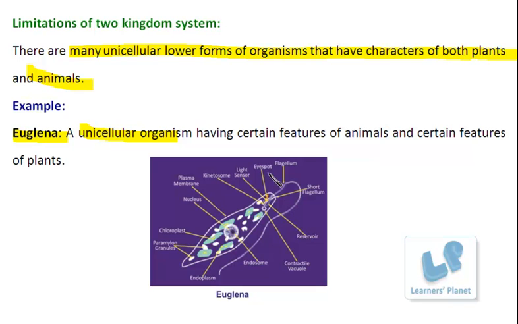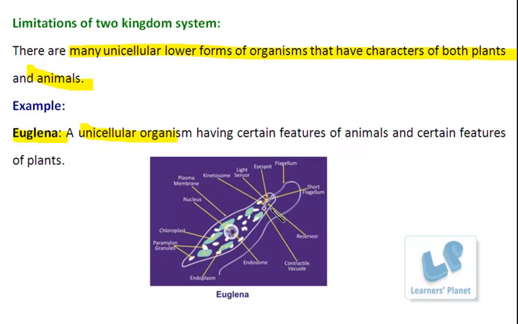With the help of this eye spot, it can recognize the direction of light, and with the help of chloroplast, it can synthesize its own food. That means now it is autotrophic. So second thing, if it is autotrophic, it has to be placed in the plant group. So don't you think now the confusion has been created? This is the reason why a new system had to be introduced.